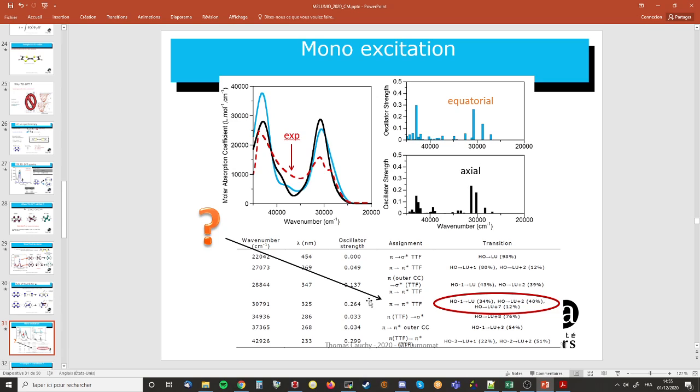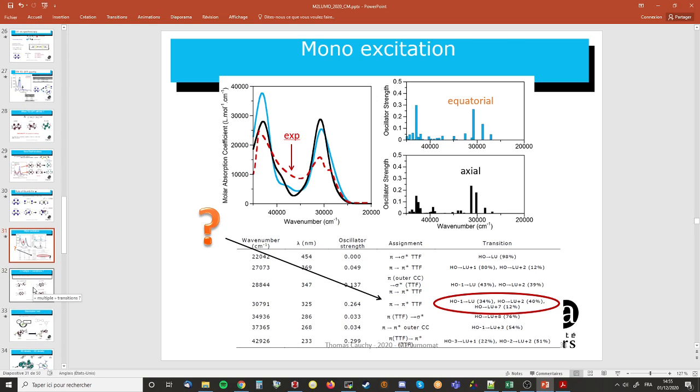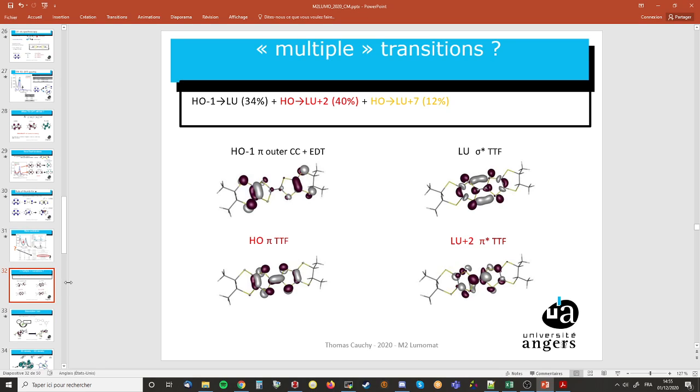And for example, for the most intense one, you have 3 transitions to explain one monoexcitation. And this is quite tricky. That means that if you have to print 4 pictures, you have to print, okay, some bit of HOMO minus 1, HOMO, and HOMO. That means that you picture this and this.